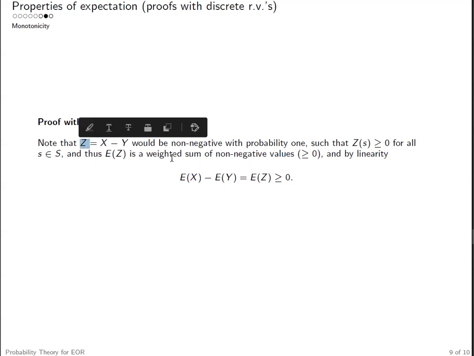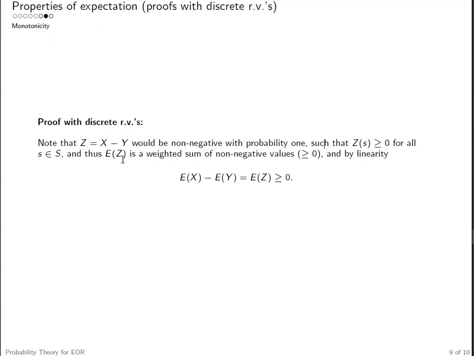It only takes non-negative values with probability 1, given we know X is larger or equal to Y with probability 1. So we know this difference will be larger or equal to 0 for all possible outcomes.